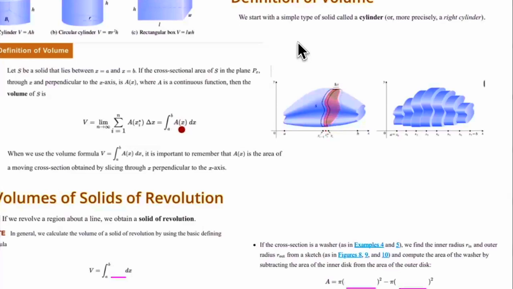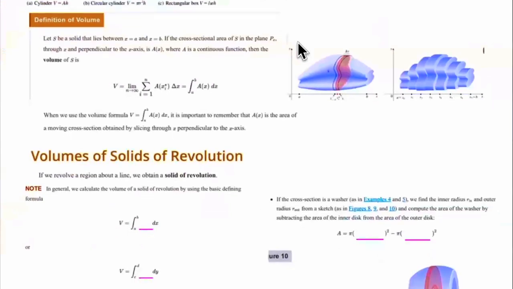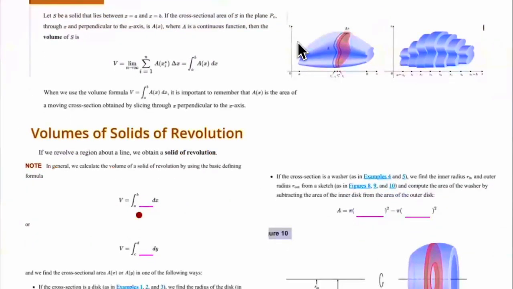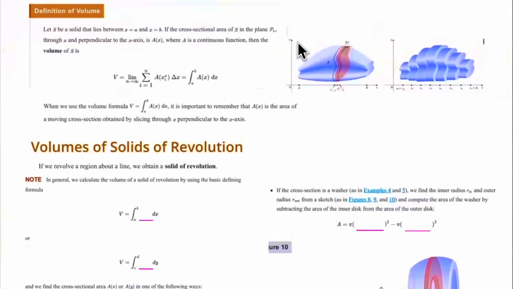The cross-section area times dx, think of it as a delta x, gives you the value for one of the slices. Then use integration to sum them up, and you get the total value. This is the idea of the formula using cross section.